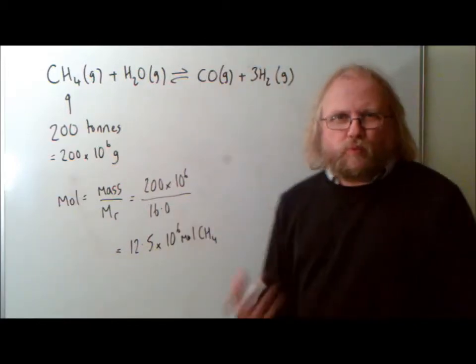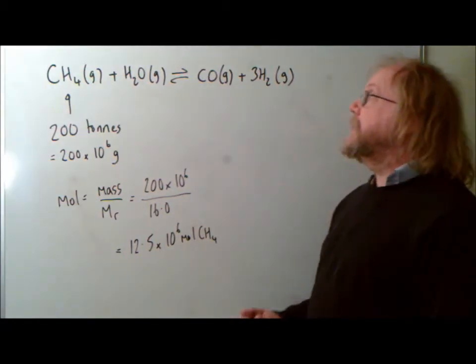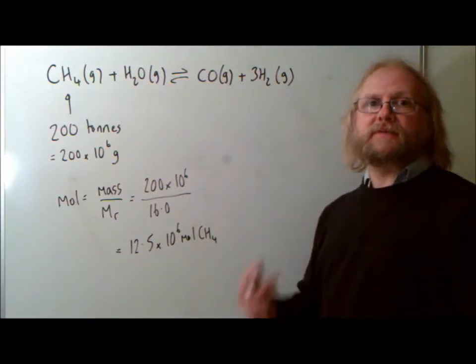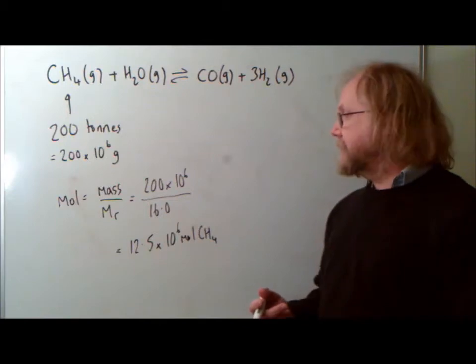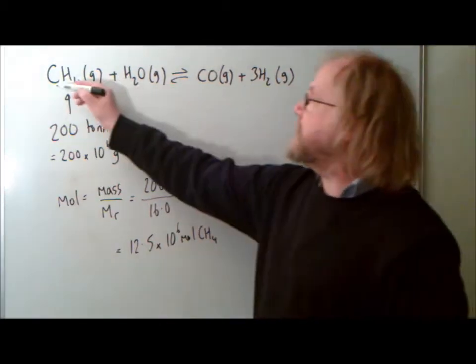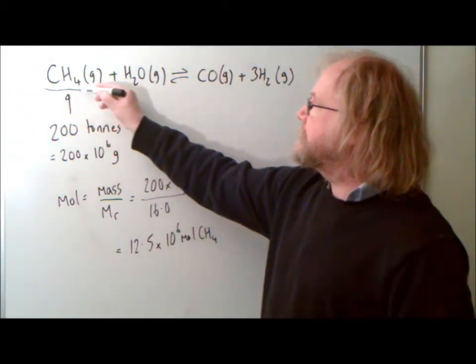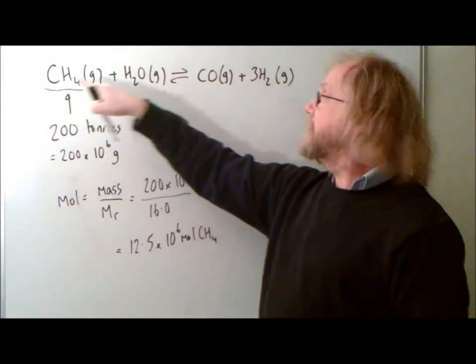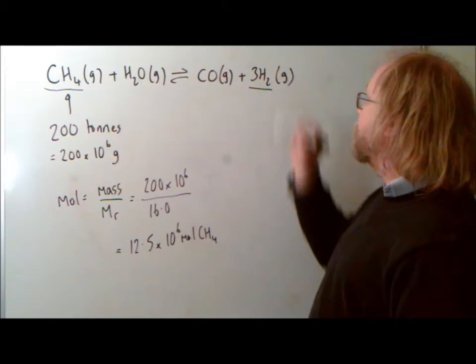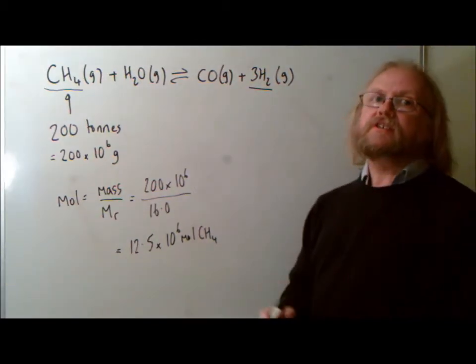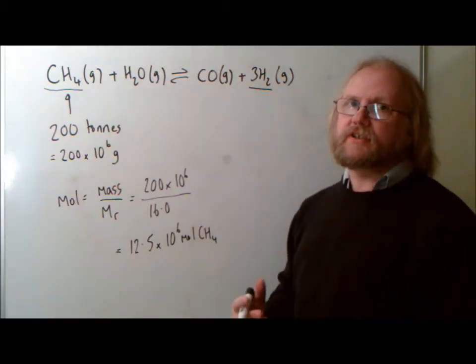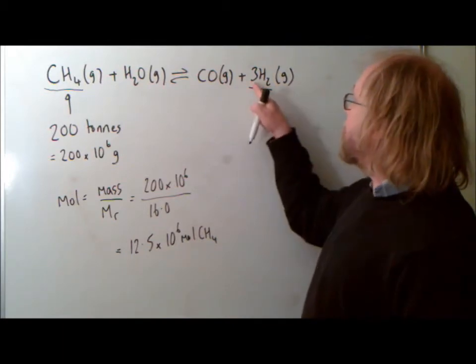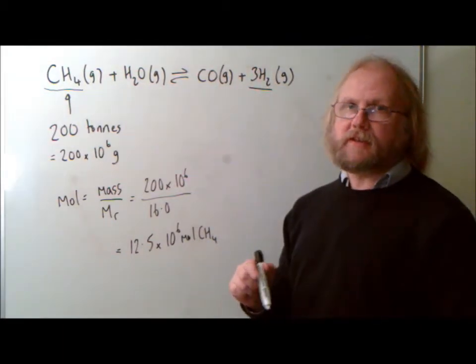Now the question is, what's that number useful for? And the point is that that's going to enable us to figure out our theoretical yield, right? Because the equation tells you that in principle, in a perfect world, each 1 mole of methane will end up giving you 3 moles of hydrogen.